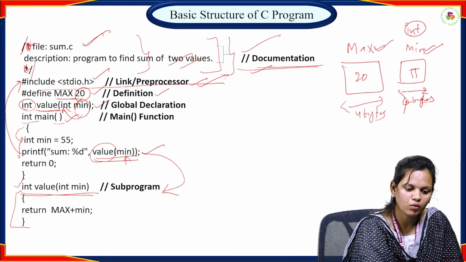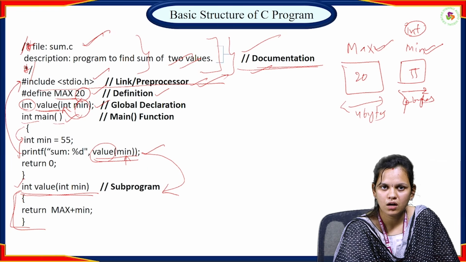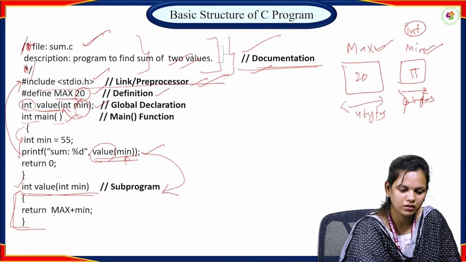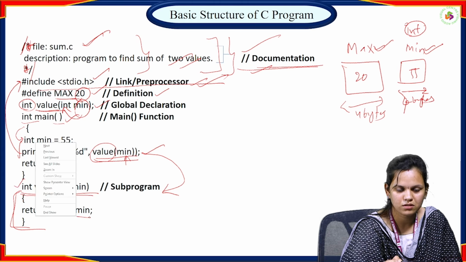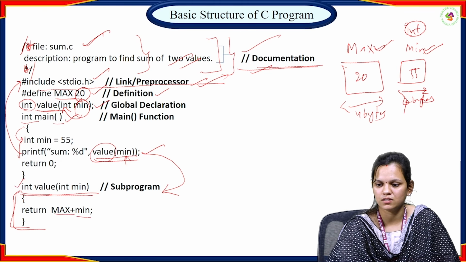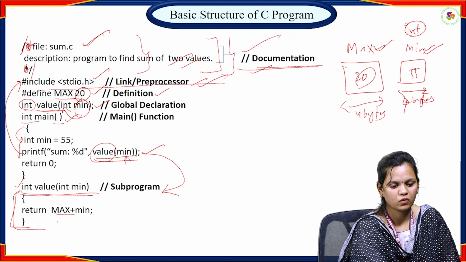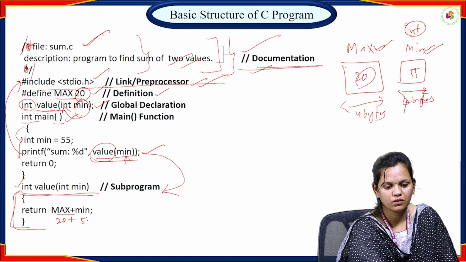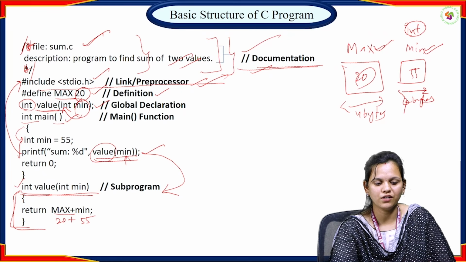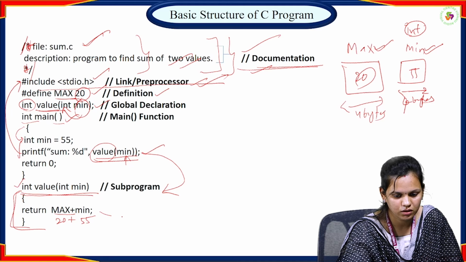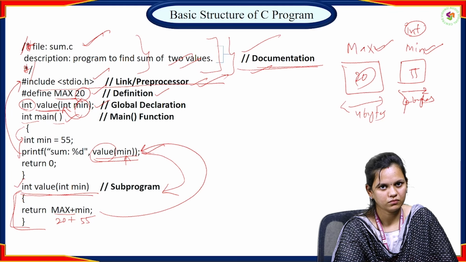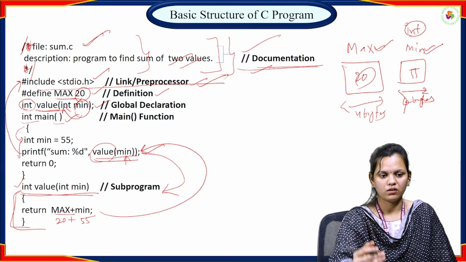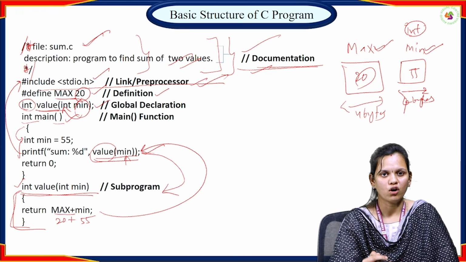So what I am doing in this function is just returning the value of max plus min. What is the value of max? 20. So 20 plus 55, 75 will be returned to this, right? So here we have covered all the sections.